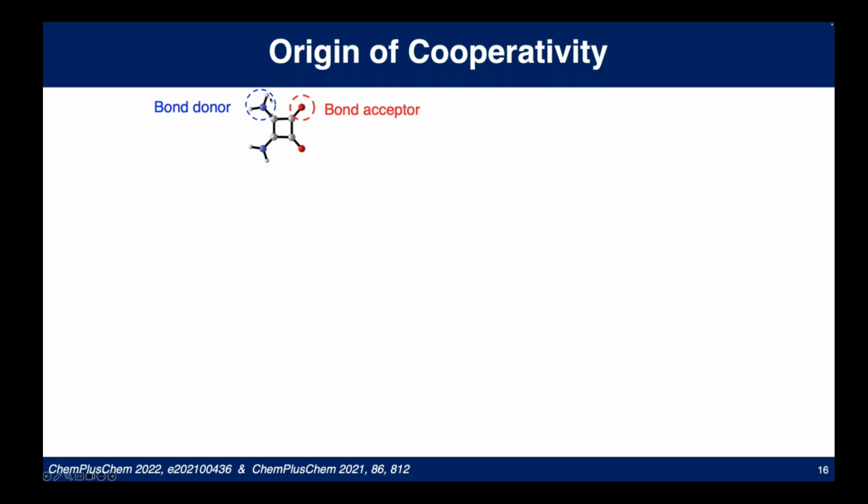On one side you have the hydrogen bond donor, and on the other side the hydrogen bond acceptor. We know that when you have a dimer, there is charge flow from the lone pair of the oxygens towards the NH2 groups of the other monomer. So this one will become slightly negatively charged, and the other monomer will become slightly positively charged.